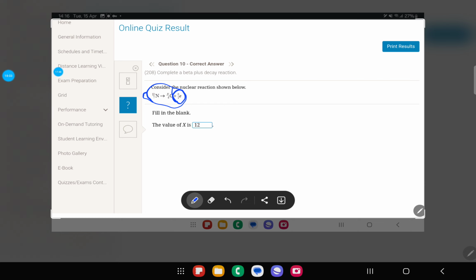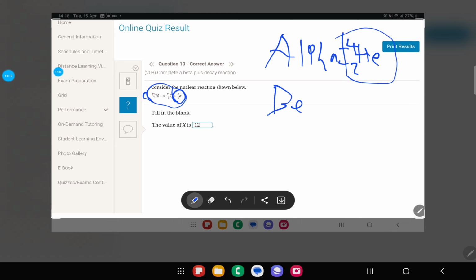Remember, beta, okay, let me just show you guys quickly. Alpha, this is the symbol. It's helium 4, 2. This is alpha. Beta is 0, 1, e. For gamma, it's just the Greek letter gamma.